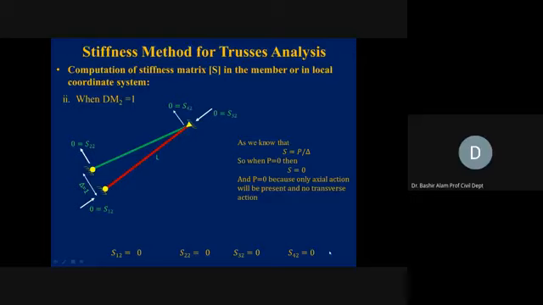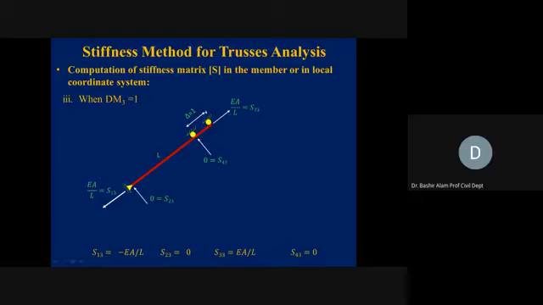Next, along DM3, this was the original and we are stretching it by delta equal to 1 now. Stretching means tensile force, so we show the tensile force away from the joint.